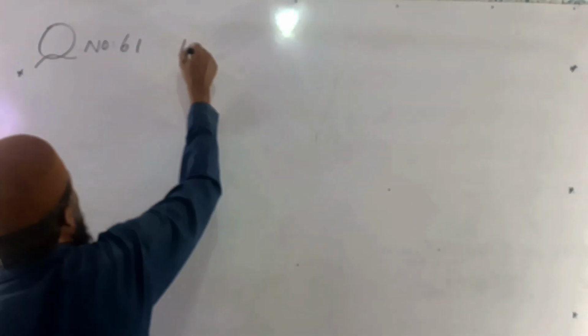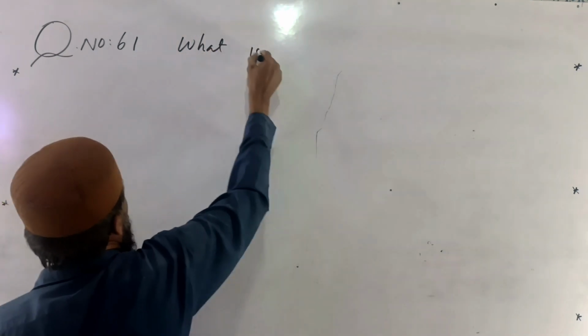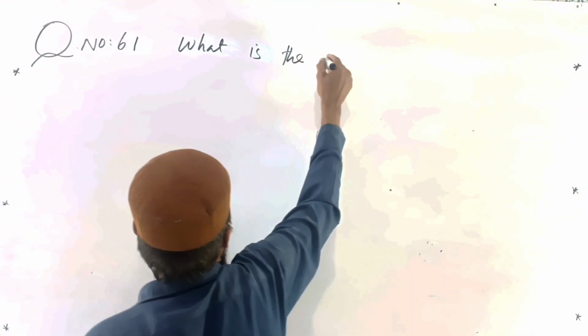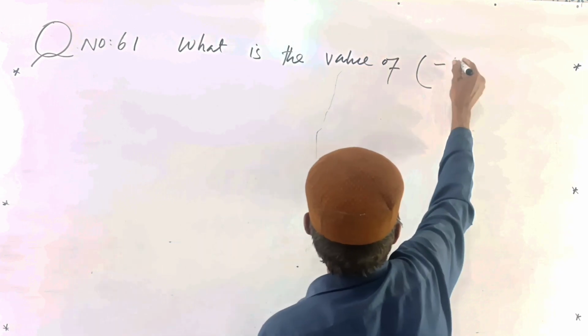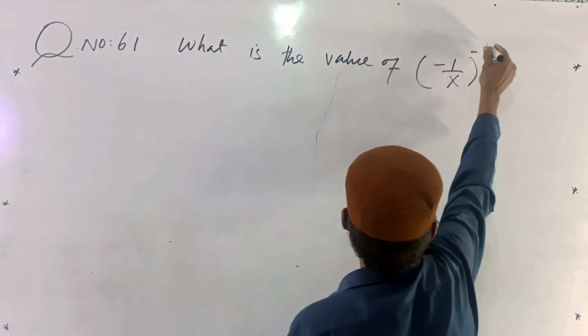What is the value of minus 1 over x, whole power minus 1?